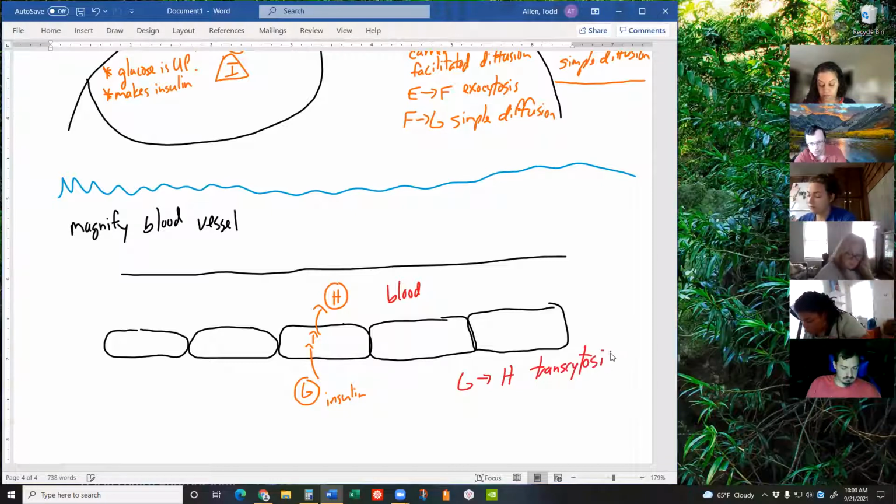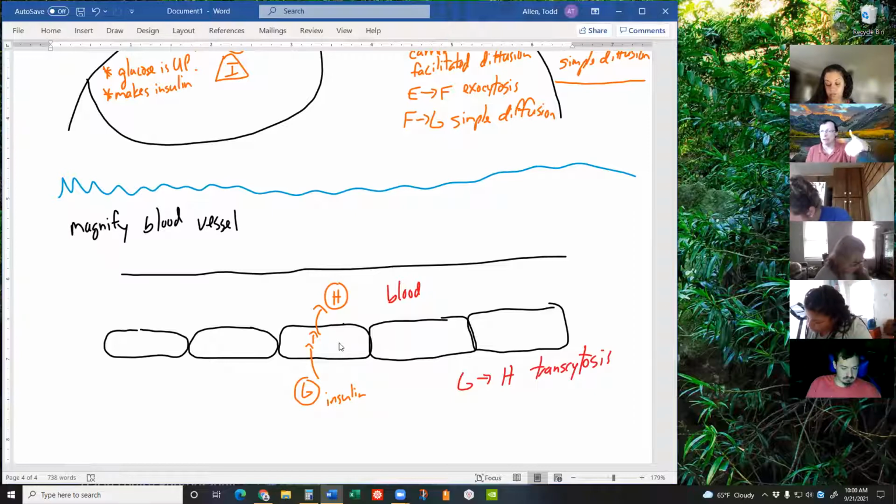Remember from our definition above that transcytosis is what takes place when you couple endo and exocytosis. So for some cargo like insulin, it has to access the bloodstream. It has to enter a cell that's part of the blood vessel wall, go through the interior of that cell, and exit that cell to get to the actual bloodstream.